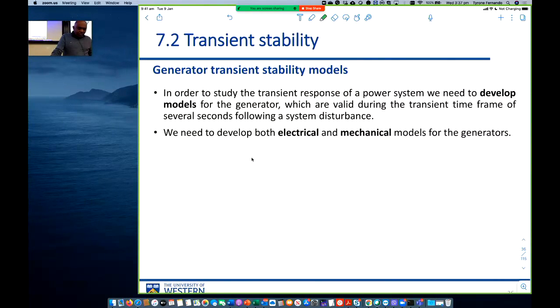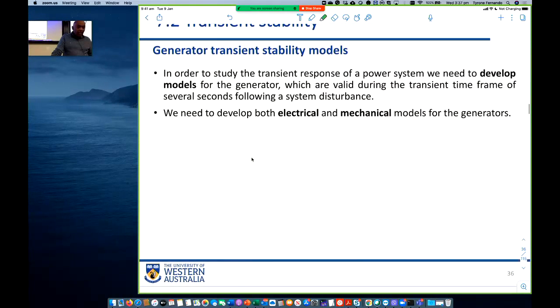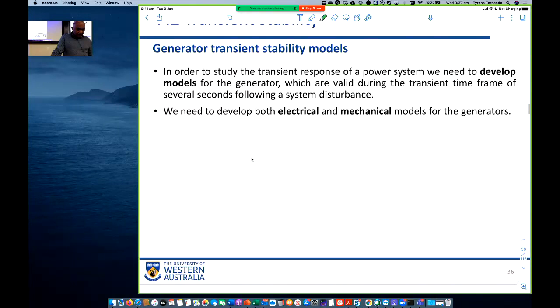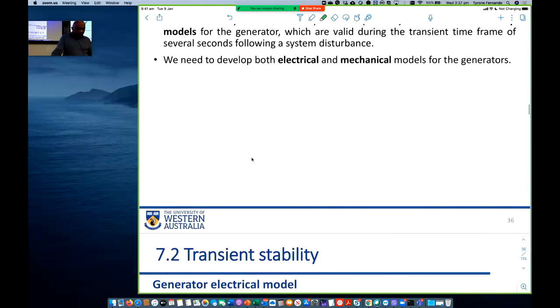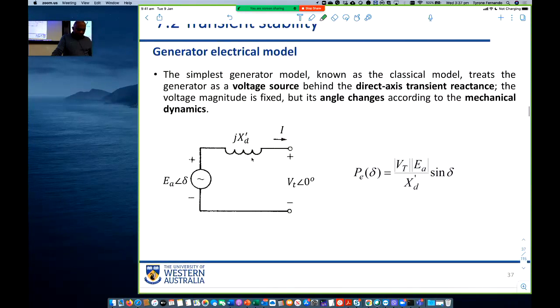In order to study the transient response of a power system, we need to develop models for generators which are valid during the transient time frame of several seconds following a system disturbance. We need to develop both electrical and mechanical models for the generators. So the model for a generator is something like this.